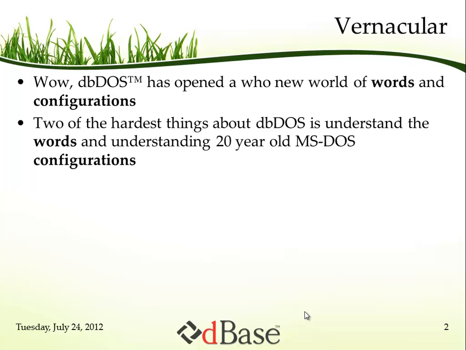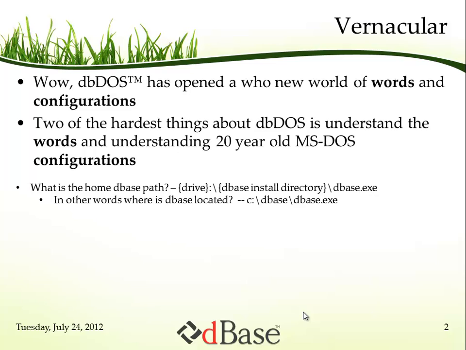Let me give you a couple of examples of what I mean by this new setup of words, concepts, and ideas. What is your home dBASE path? Now this could be as easy as c:\dbase\dbase.exe, or it could be located on any partition, network drive, or anything.